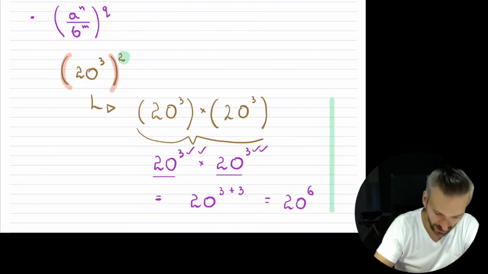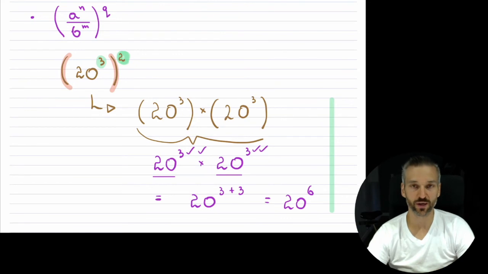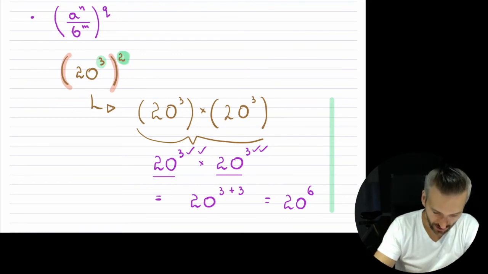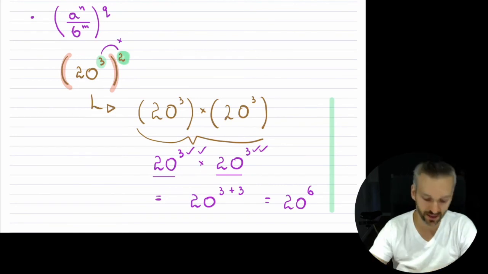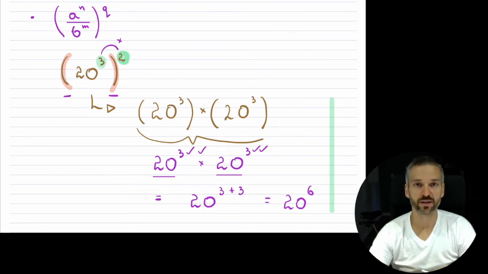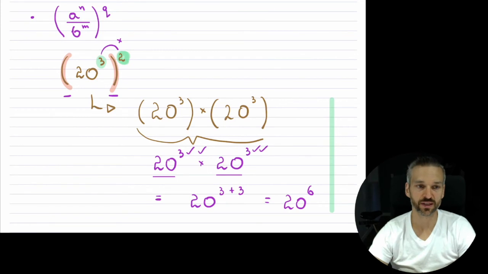You can use the law, and it comes from the following. Our law tells us that we're going to be multiplying the exponents if we have this in brackets. So we're basically distributing the exponent through into the bracket.